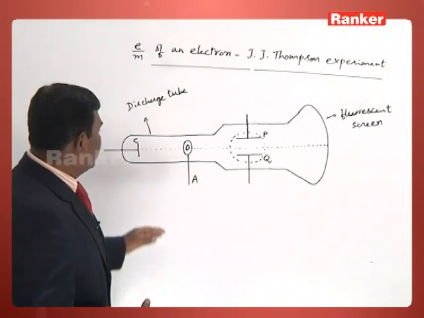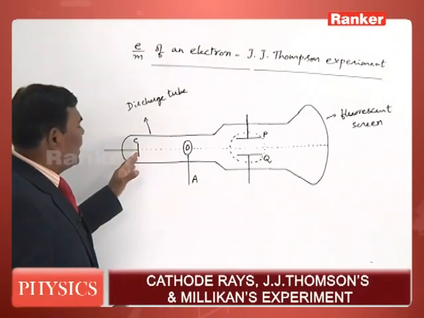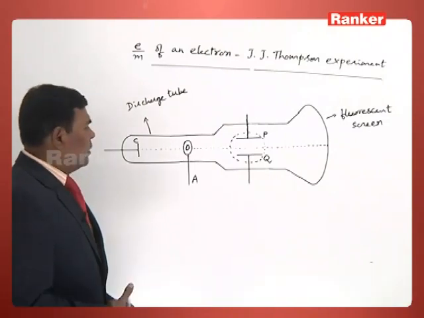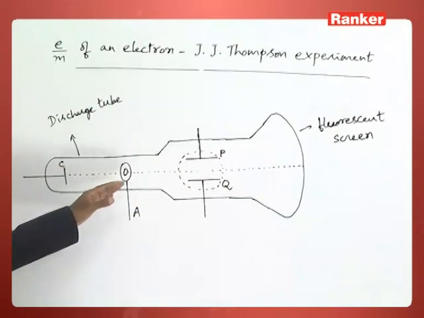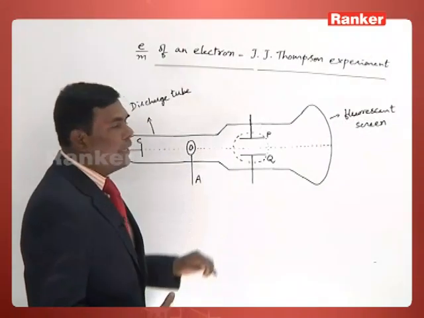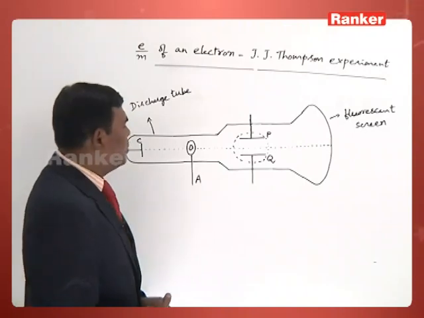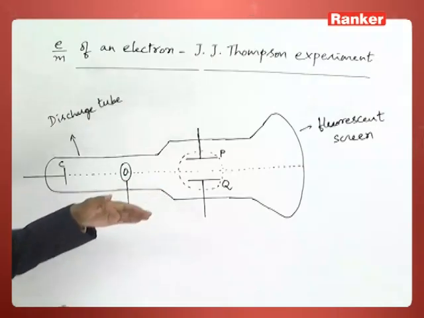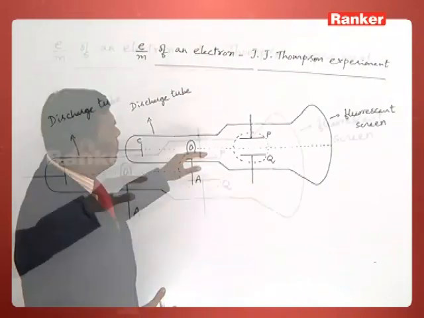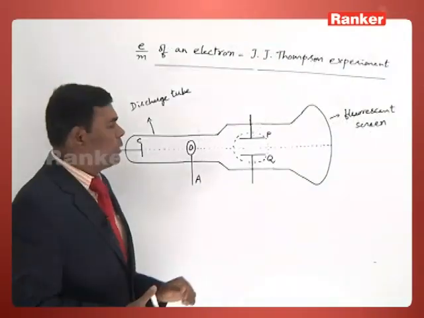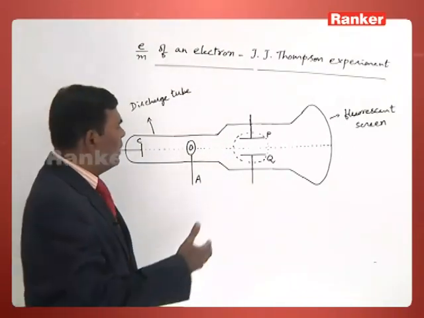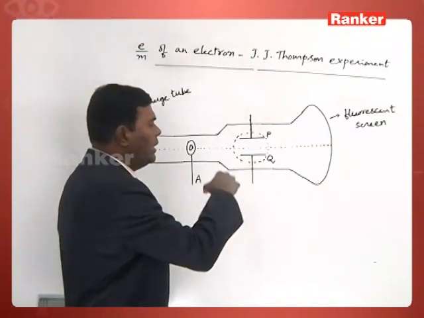Next, these electrons which are emitted by the cathode are accelerated towards the anode. This accelerated beam of electrons enters a region where an electric field can be applied. We are using two parallel plates P and Q which are perfectly parallel to each other, and the electron beam passes through them. And also there is an arrangement wherein a magnetic field can be applied perpendicular to the plane of this board in this direction.